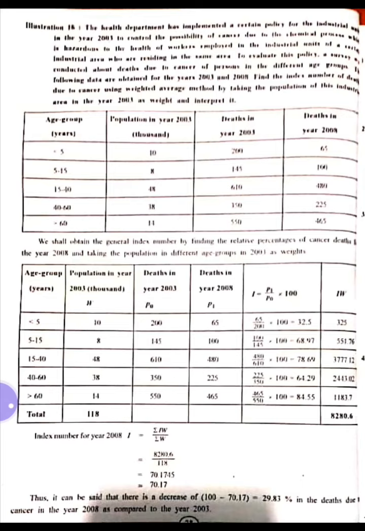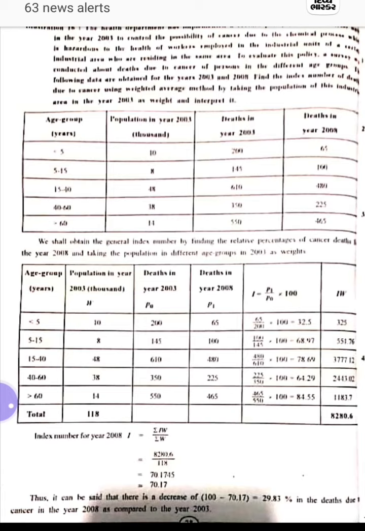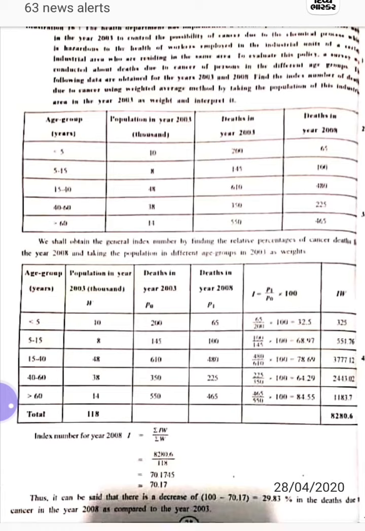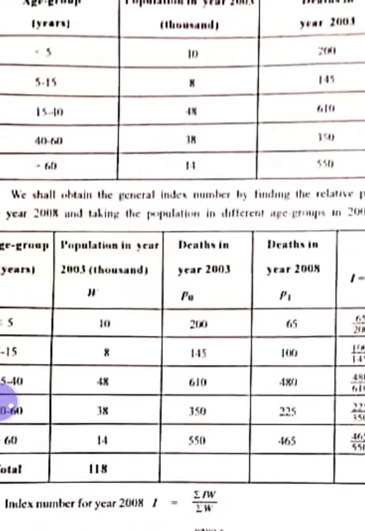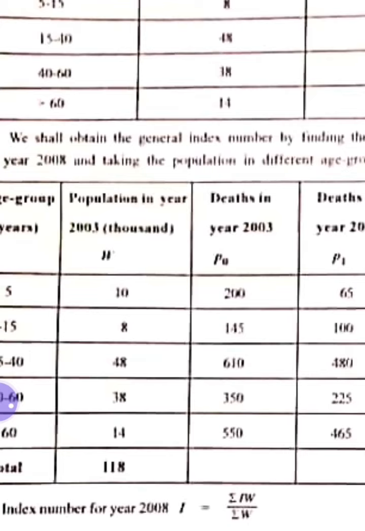Different age groups have been given to us: less than 5, 5 to 15, 15 to 40, 40 to 60, then more than 60. They have also given us the population in the year 2003, in 1000, which is the weight: 10, 8, 48, 38, 14. The total is coming up to 118.